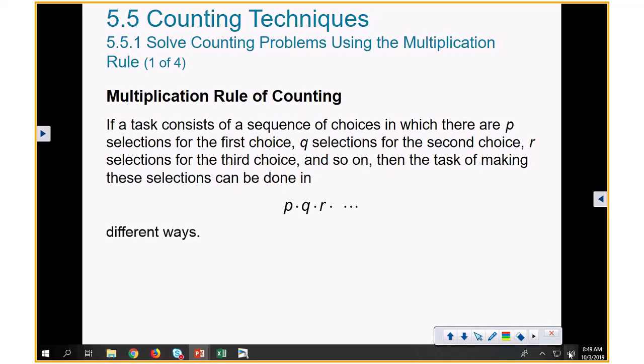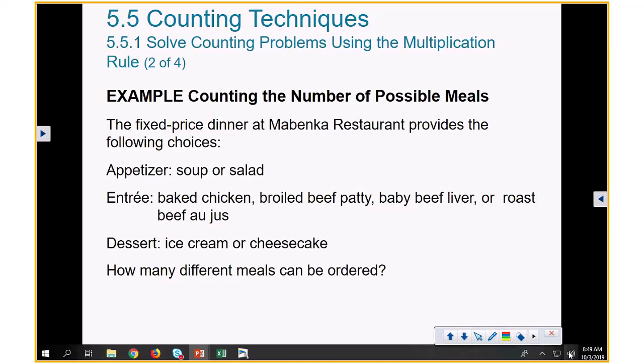They'll probably give you an example. There we go. So write that one down. You don't have to write it down word for word. All you have to write down is appetizer, entree, dessert. I didn't know it was going to use the same one. So appetizer, you have 2 choices. You don't have to write down what they are. Entree, 1, 2, 3, 4, 4.